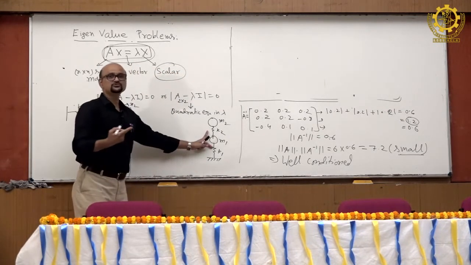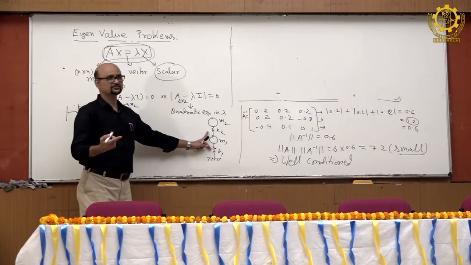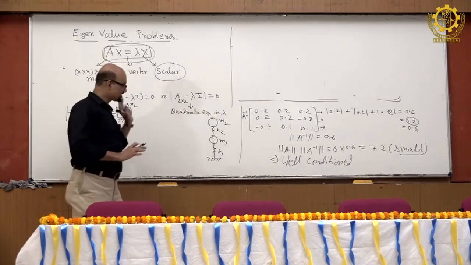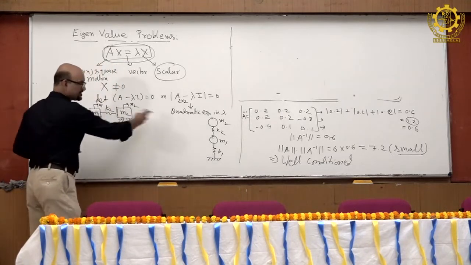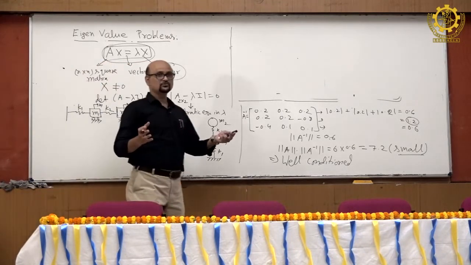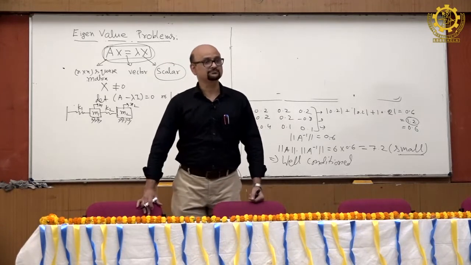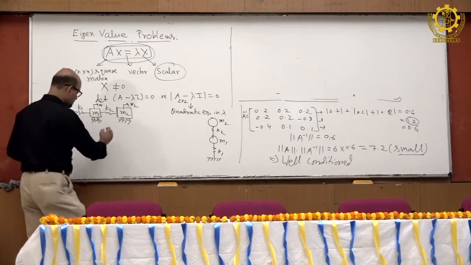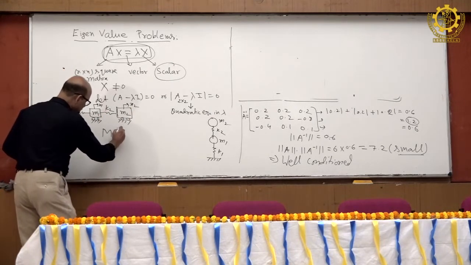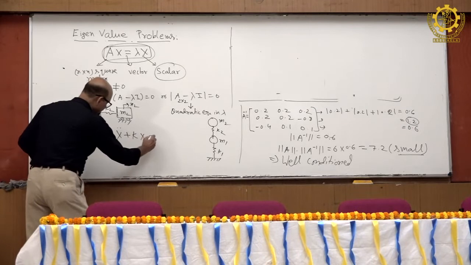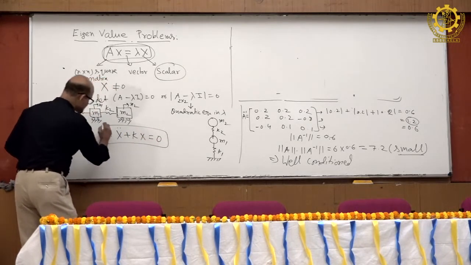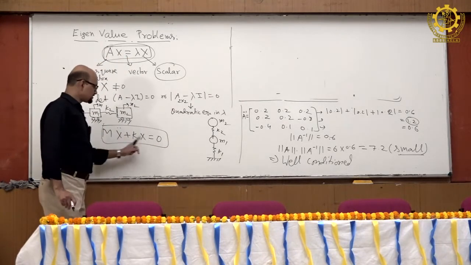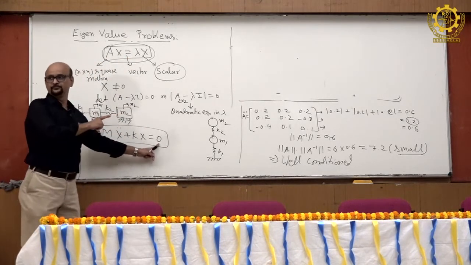This is maybe a 2-story structure. It is actually 3 dimensional, but I can generalize it like this. Writing the differential equation using Newton's laws of motion, you will get a 2 by 2 system of the type m x double dot plus k x is equal to 0, where I am not taking the force.